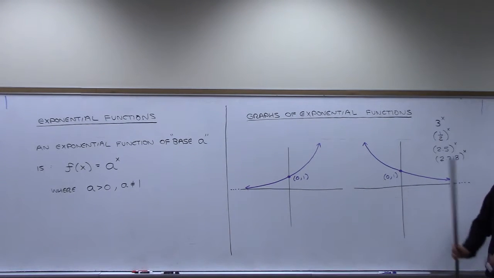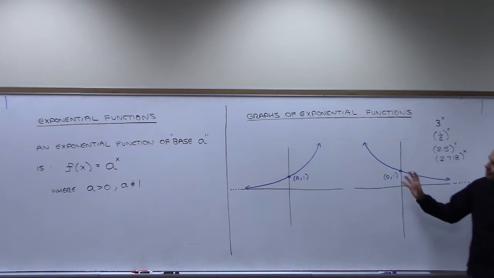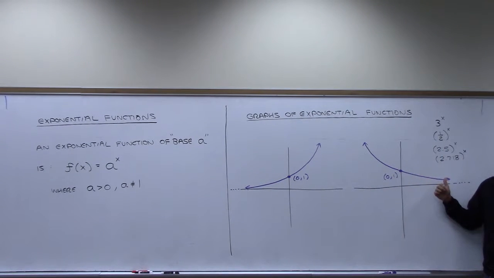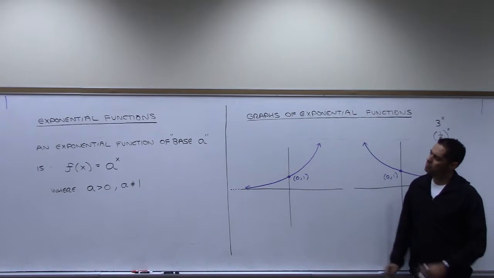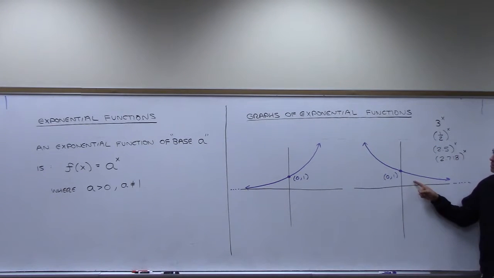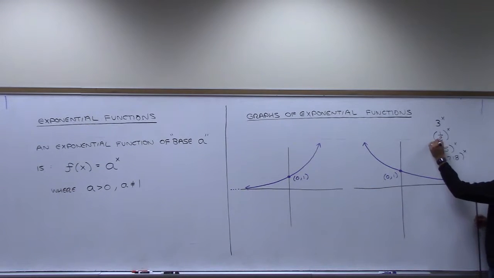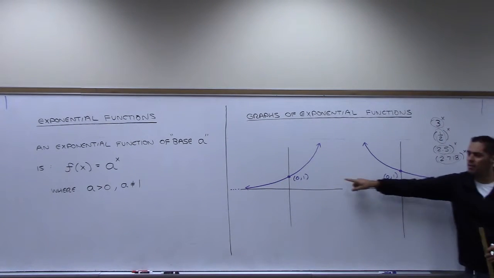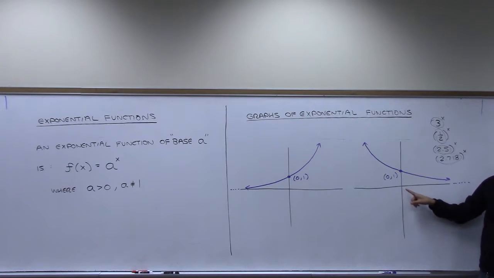Can you tell what dictates that you got this instead of this? Did anyone get this when they graphed? Yes, you should have. So which one was this one? The half. Notice that the base of this one is a half, and this one is 2.5, 2.718, and 3. These 3, the top one, the bottom 2, should have all looked like this. And the 1/2 should have looked like this.